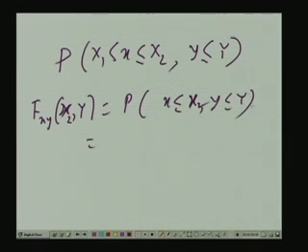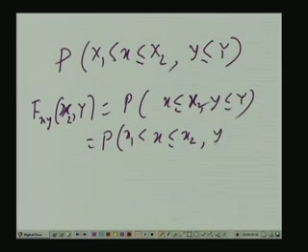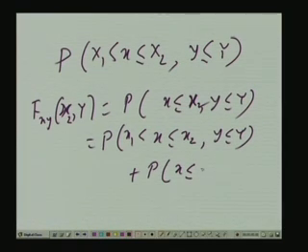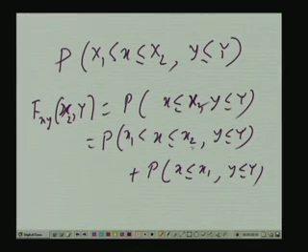Now, this set or this event can be written as a union of two non-intersecting sets, two non-overlapping events. One is this, another is this: y remains less than or equal to y, but this zone is separated into two zones. One is for x lying less than or equal to x2 but greater than x1. In another case, x is less than or equal to x1. Now, this is what I wanted.